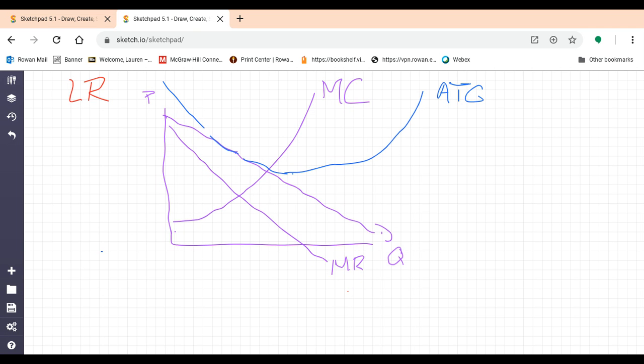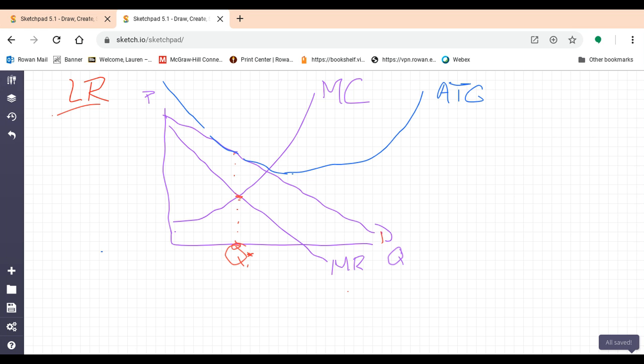This is the long run for monopolistic competition. As you can see, we have demand, marginal revenue, marginal cost, and average total cost. So I just want to show you how all this looks. We still use marginal cost equal to marginal revenue to get the quantity that the firm is going to produce. So I'll call this Q1 star.